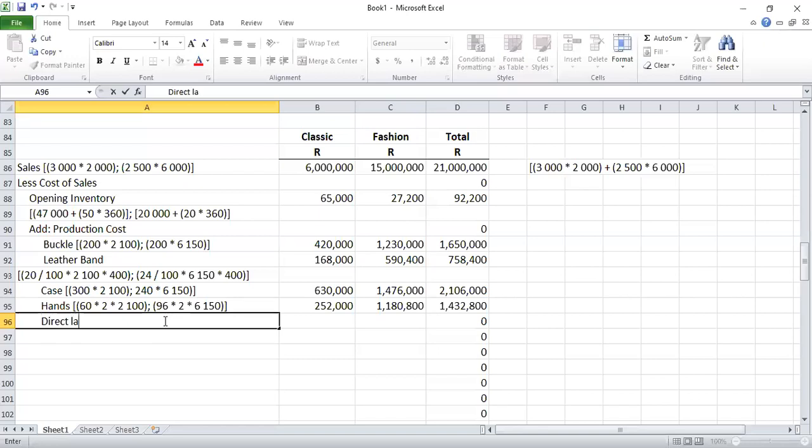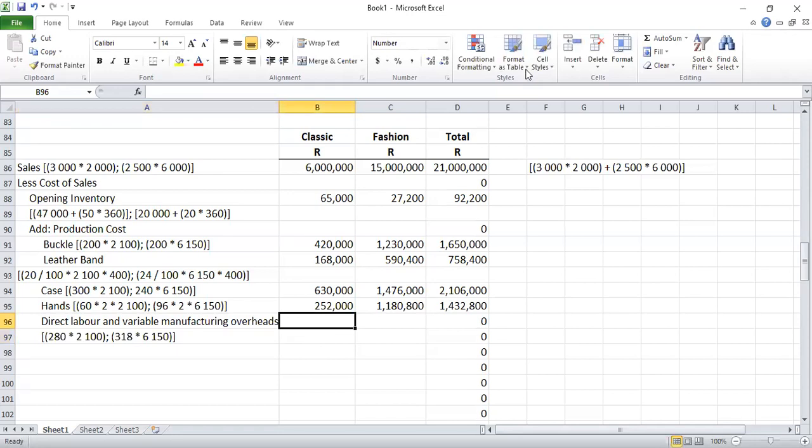So 280 multiplied by 2,100, and 318 multiplied by 6,150.